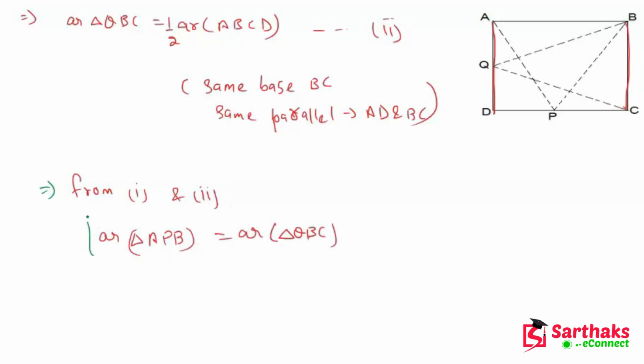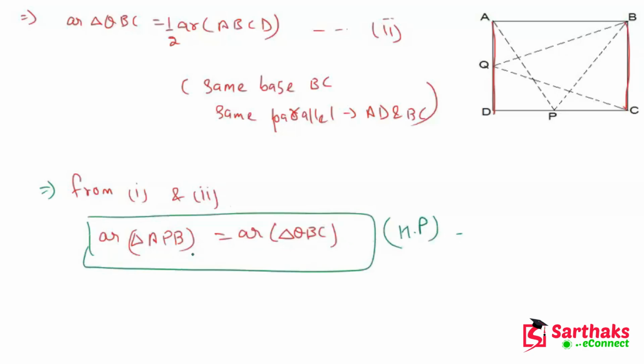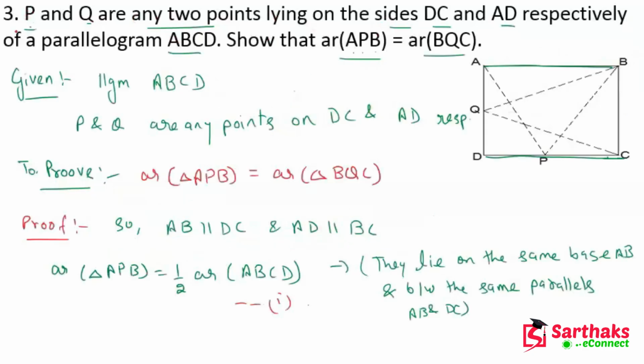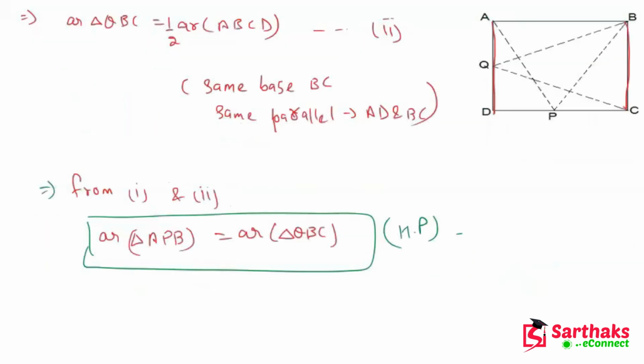Hence proved. Because area of triangle APB is half of the area of parallelogram ABCD, and similarly area of triangle QBC is half of the area of parallelogram ABCD, the areas of these two triangles are equal.